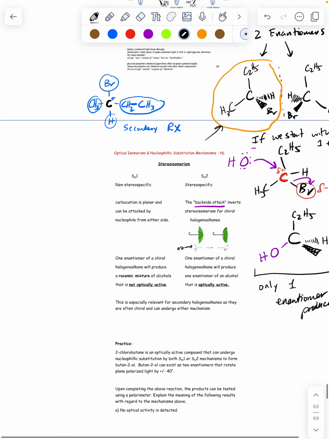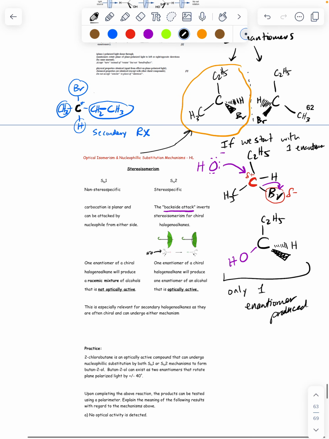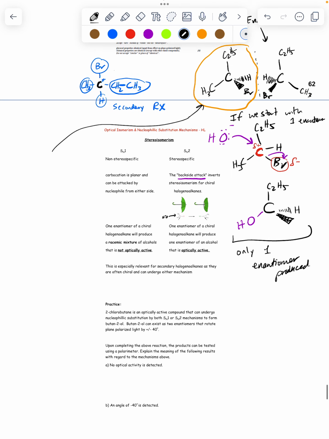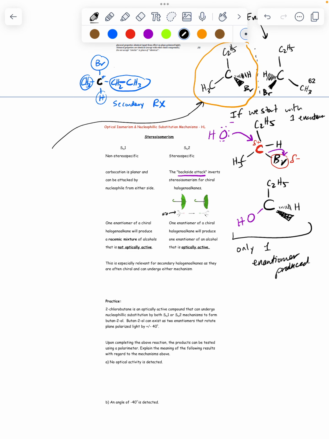If we start with that exact same enantiomer from here, so we just have one version of the molecule here. When we do SN1, we form an intermediate that is completely flat. We form this carbocation intermediate, which is trigonal planar.